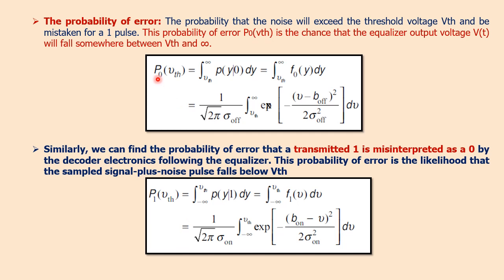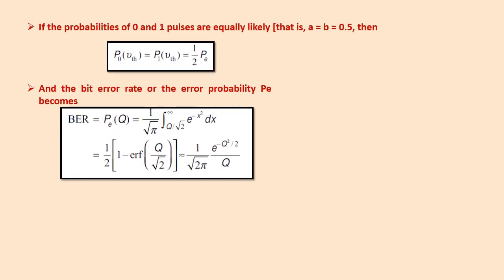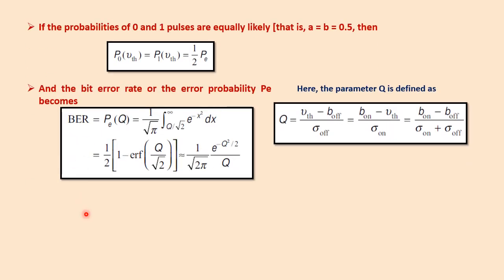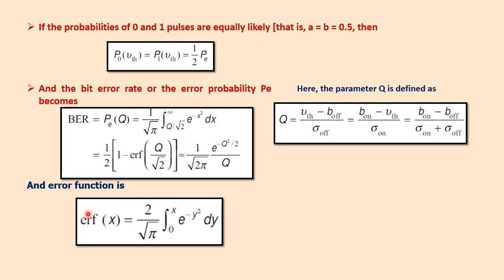Now we can write the probability of error for a transmitted 0 pulse mistaken as 1, and the probability of error that a transmitted 1 is misinterpreted as 0. So now we can find the probability of error like this. The bit error rate and the error probability P become this equation.